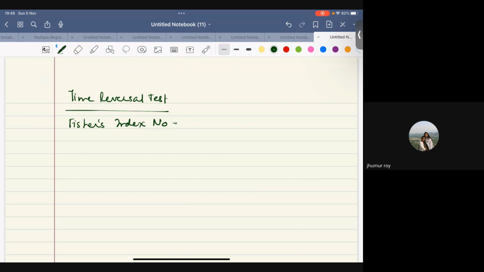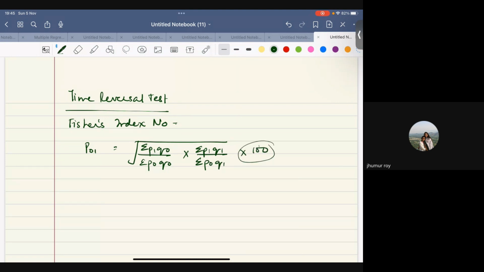No other index will satisfy this particular test. I will explain, don't worry. So first let's write the formula that we know. Sigma P1 Q0 upon sigma P0 Q0 multiplied by sigma P1 Q1 divided by sigma P0 Q1, multiplied by 100. This multiplication by 100 we don't need to write over here, because we are just doing the test. We are just seeing whether it is working or not.